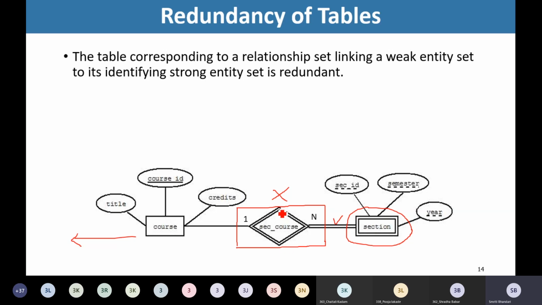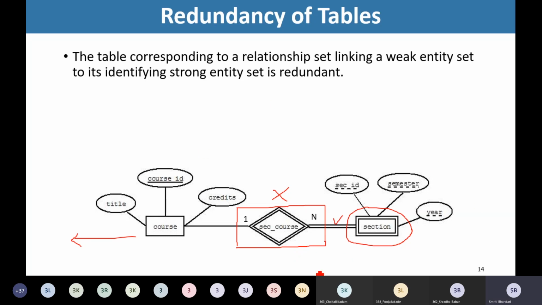So there is no point in creating a redundant table like this, because the same information is already there in the table associated with the weak entity set. So I will not create a separate table for the identifying relationship set, because it would be storing redundant information, right?